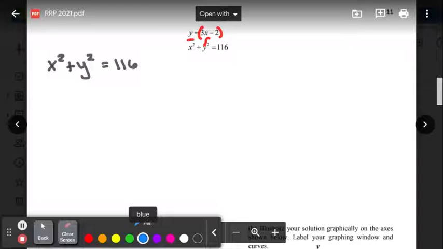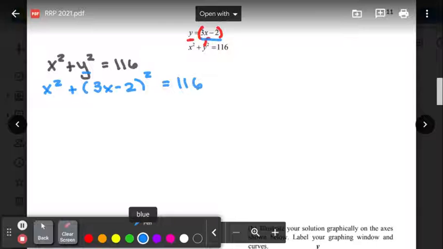Then in place of the y, I'm going to put 3x minus 2. So then I have x squared plus the quantity 3x minus 2 squared equals 116.